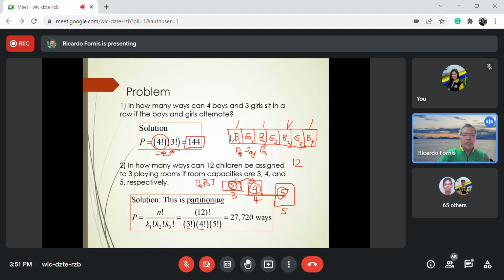In cell number 2, the 4 alike objects. In cell number 5, also 5 alike objects. So the formula is n factorial divided by 3 factorial, 4 factorial, 5 factorial, or in total, 27,722 different ways.